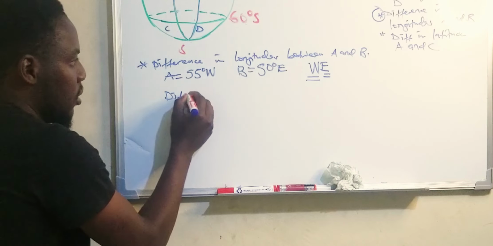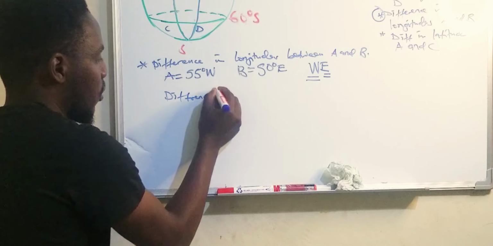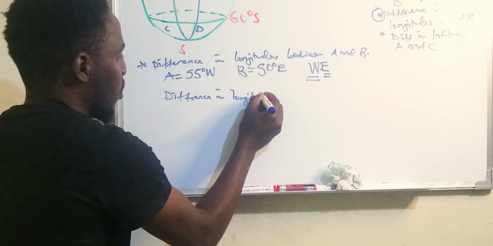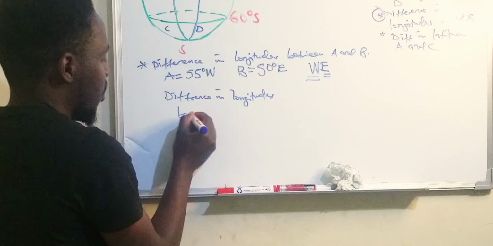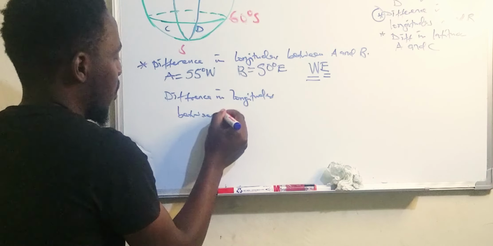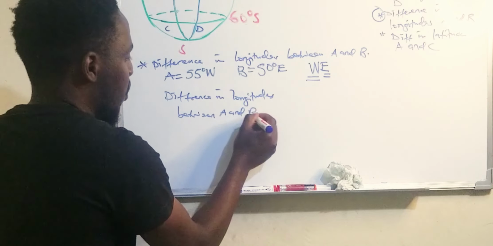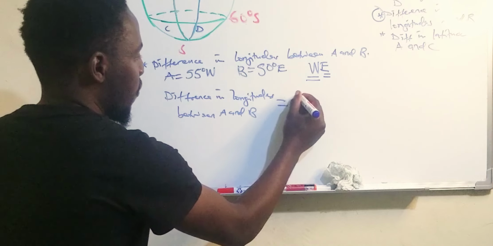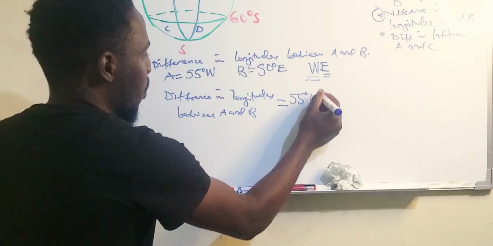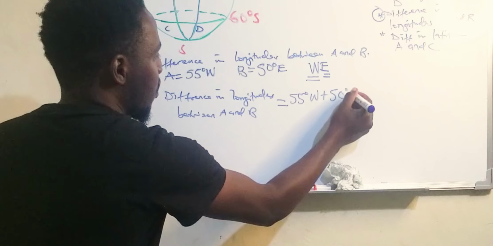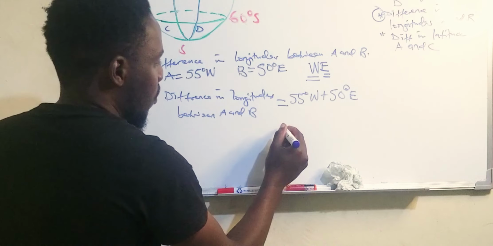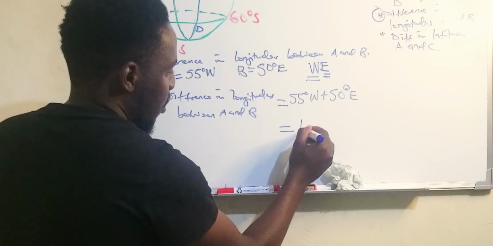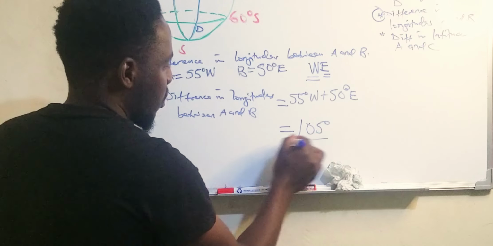So the difference in longitudes between A and B will end up having 55 degrees west plus 50 degrees east. So we now have 105 degrees.